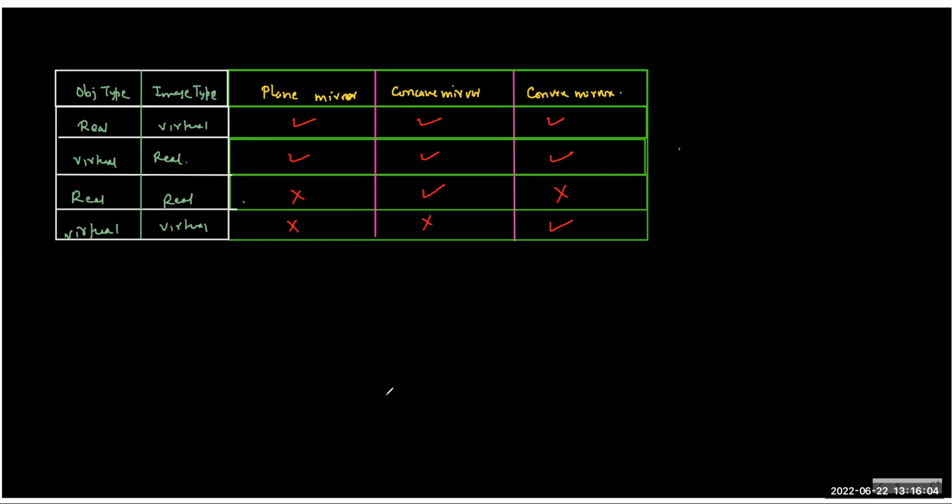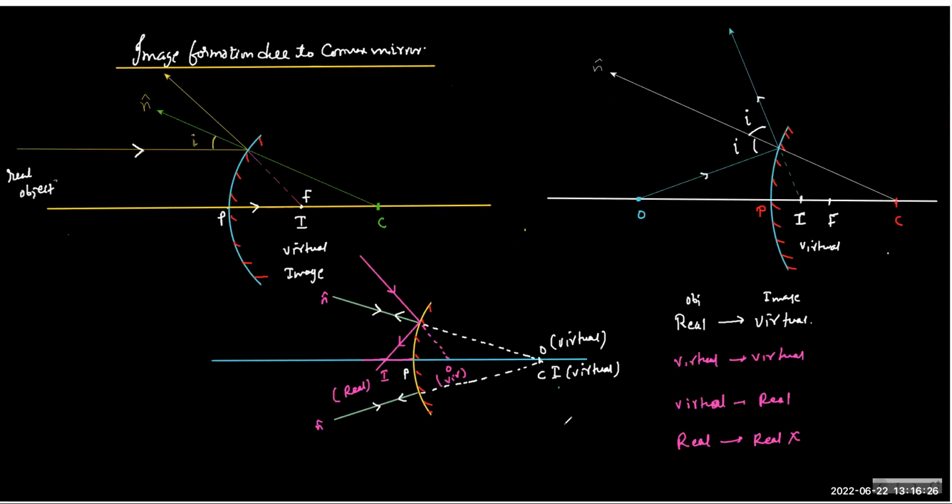Why? Principle of reversibility. The principal axis itself is normal to the mirror. So the angle of incidence of a beam with principal axis becomes the angle of incidence, and therefore the angle of reflection will be same. This is what I used to derive this example.